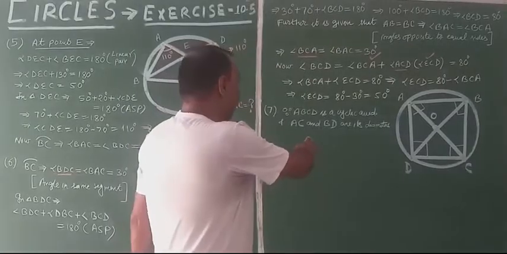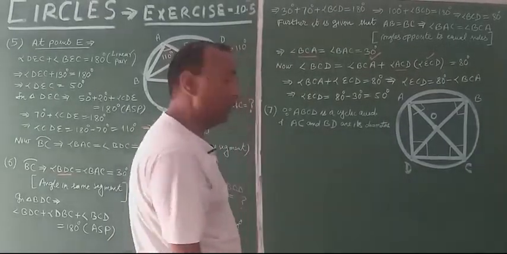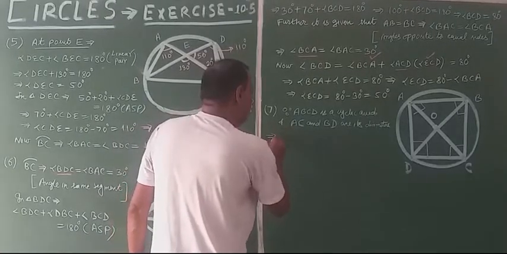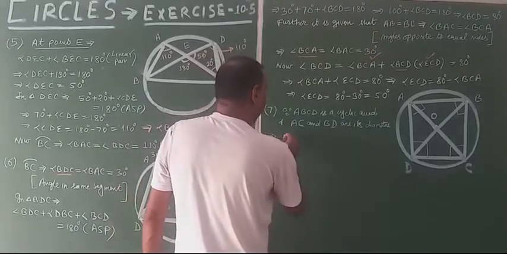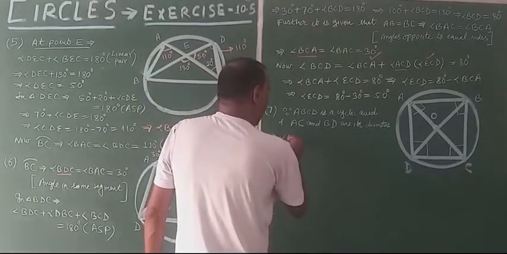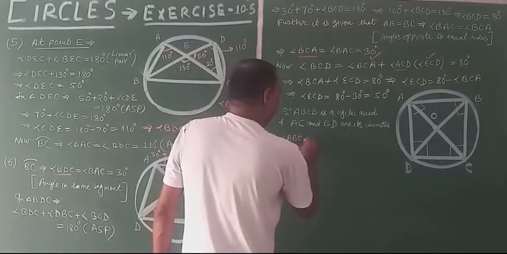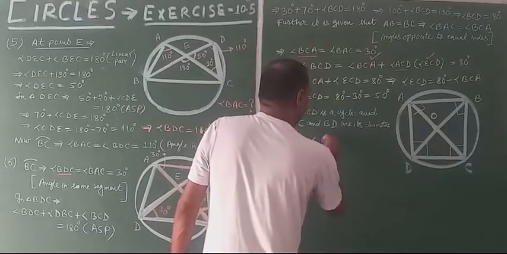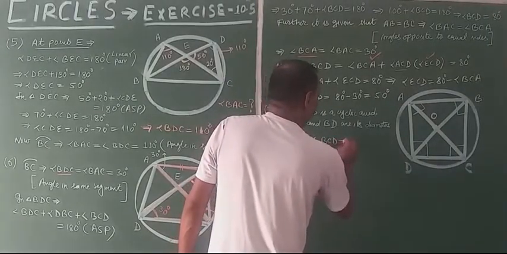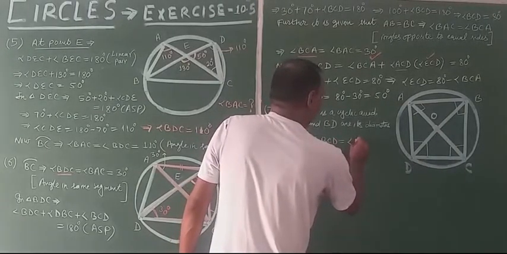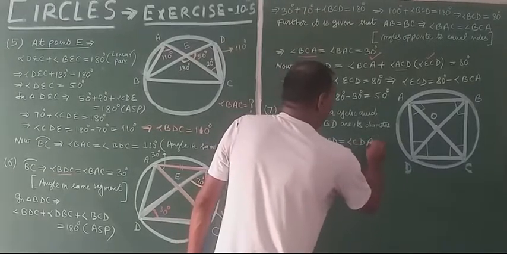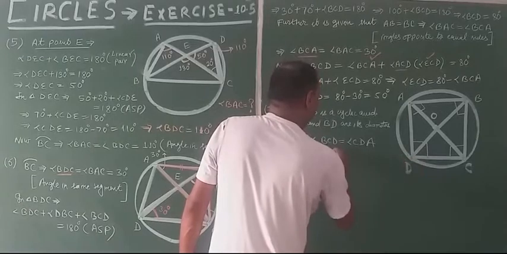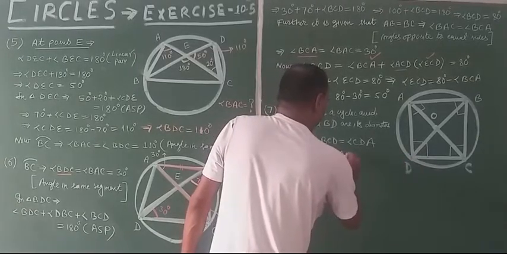Since AC and BD are its diameters, angle ABC is equal to angle BCD is equal to angle CDA is equal to angle DAB.